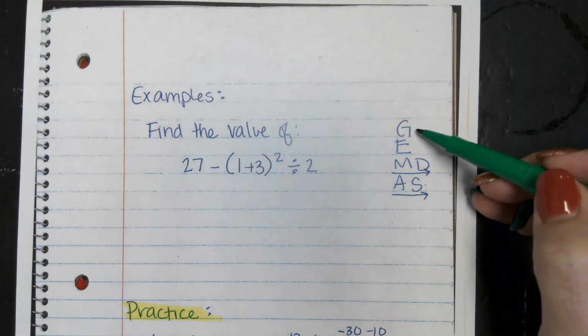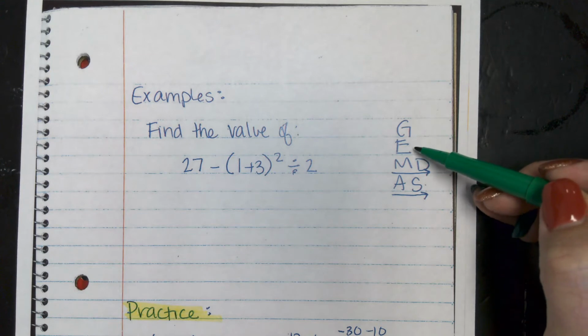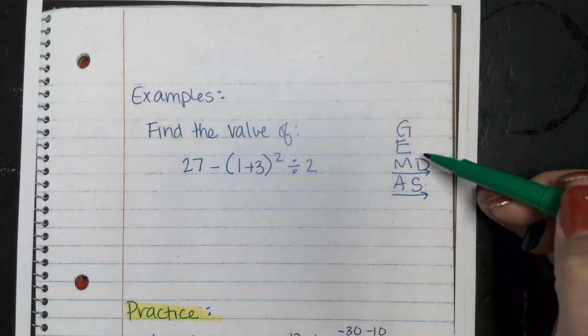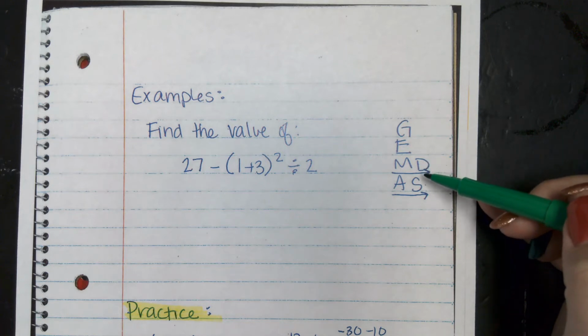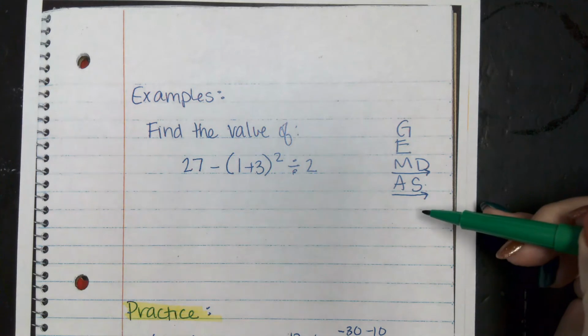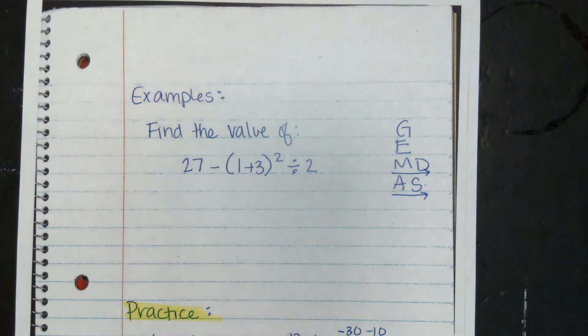But we're going to start out by looking at our grouping symbols, then see if we have any multiplication, then see if we have any exponents, then see if we have any multiplication or division that go left to right, and any addition or subtraction that goes left to right. Okay? So we are finding the value of 27 minus parentheses 1 plus 3 squared divided by 2. It's a pretty difficult problem, but I know that we can do it together.